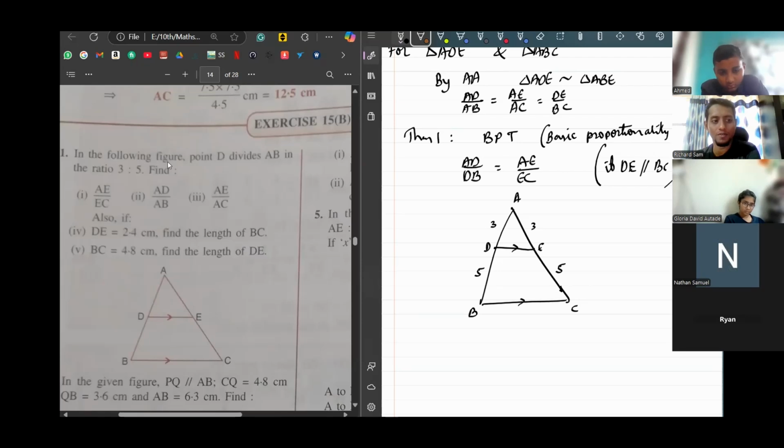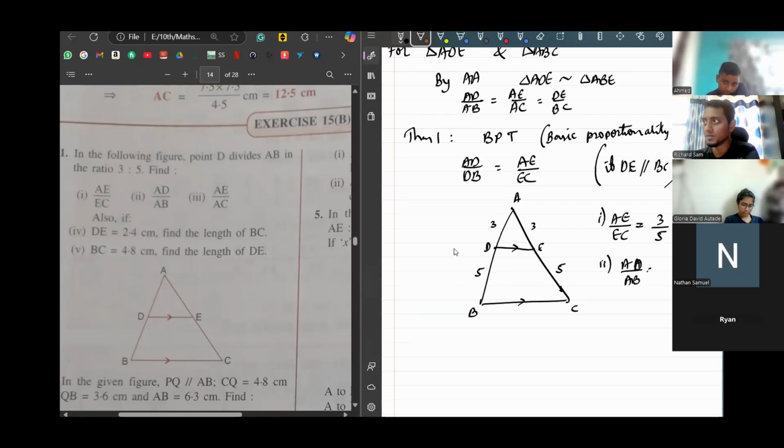Okay. Now they're asking you to find certain things. First one, AE upon EC. Just looking at the diagram, you can tell what is AE upon EC. AE upon EC, 3:5. Correct? Second one, AD upon AB. 3 upon AB.